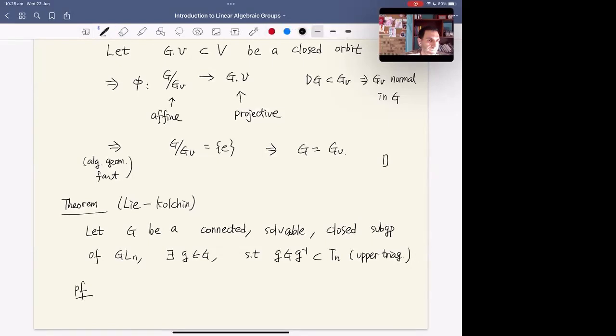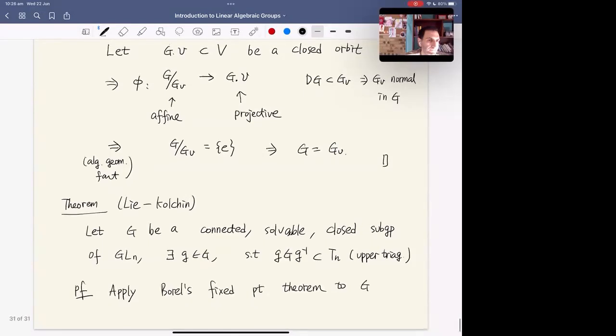So we wanted to apply Borel's fixed point theorem. We just need to show that G fixes a flag.